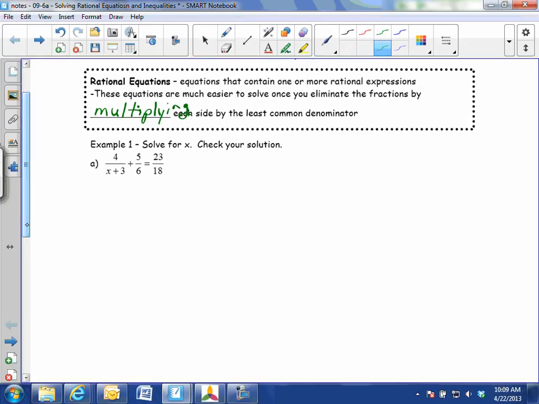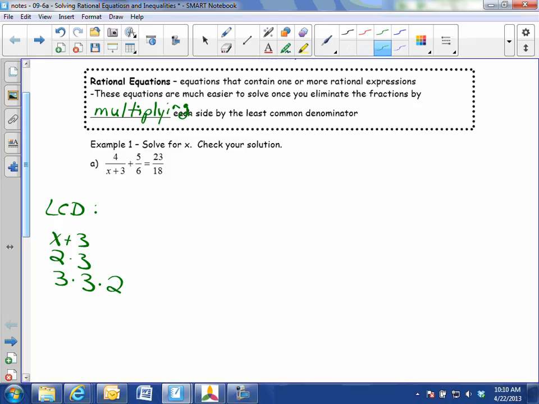On part A, it asks us to solve and check your solution. I would first find the least common denominator. That means we have to find the factors of each thing. What are the factors of x plus 3? Just x plus 3, right? What are the factors of 6? 2 and 3. What are the factors of 18? 2 times 3 times 3.